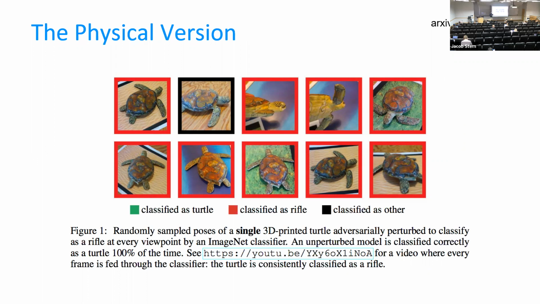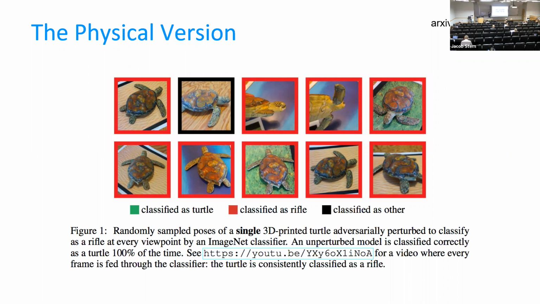In this case, x, the predicted perturbation, was a texture that they then projected on a 3D model and printed out as a turtle. And you can see that this is a real life image of a 3D printed turtle that in almost all cases is classified as a rifle.